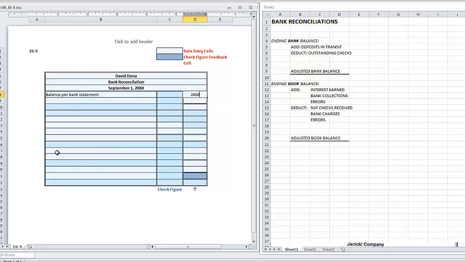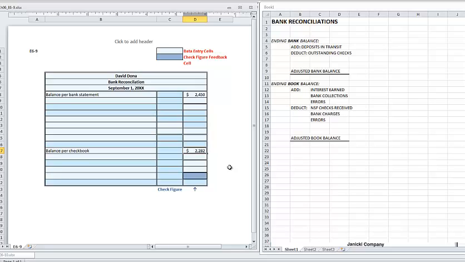You want to come down next and put in your book balance. And according to the text, the checkbook indicates a balance of $22.82. So now it's time to see what adjustments we have.